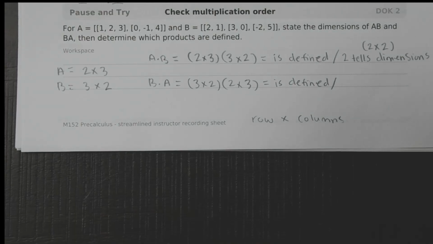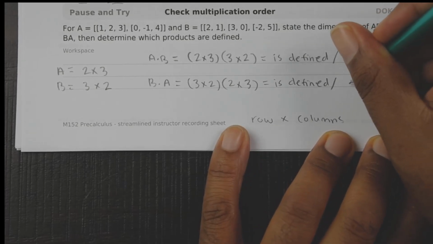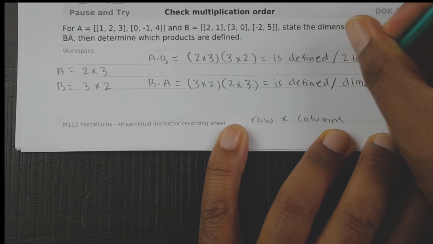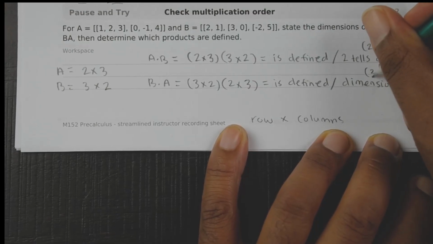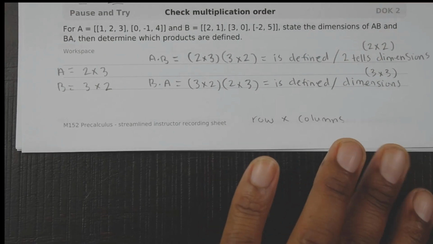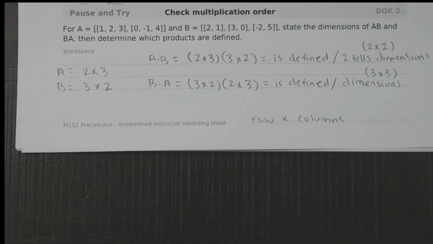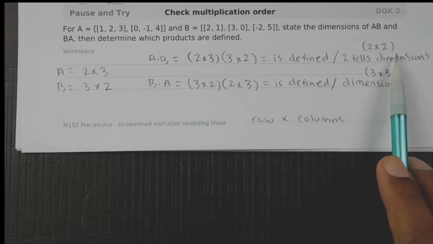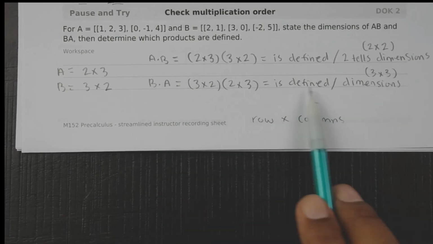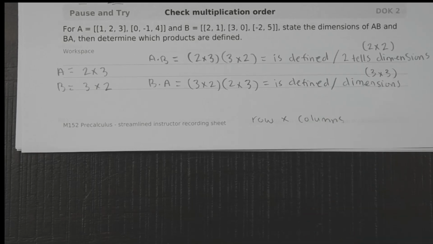And the 3's tell us that this will be a 3 by 3. Okay, so the final answers are AB is defined, and it would be 2 by 2. BA is defined, and the dimensions would be 3 by 3.